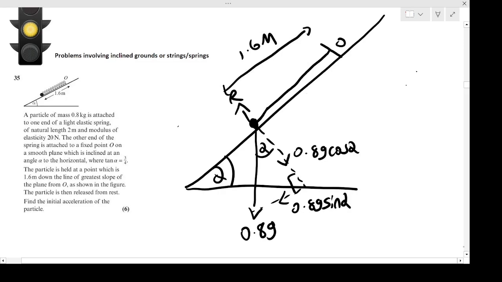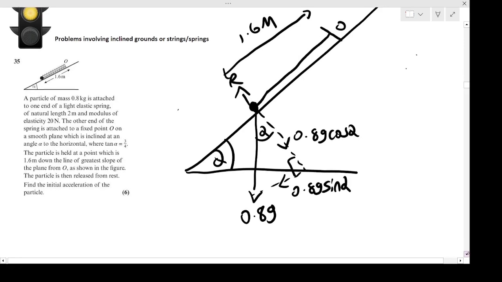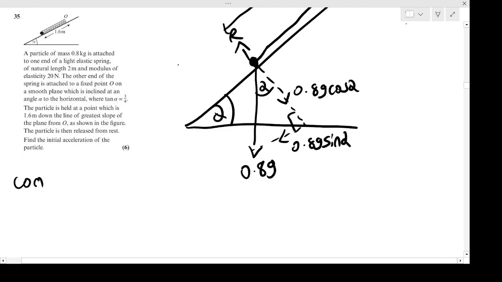So it's a compression by 0.4. So the compression, which is x, is going to be the natural length, or the original length if you will, take away the total length here, which is 1.6, and so that will be 0.4. So the spring here has been compressed by 0.4.